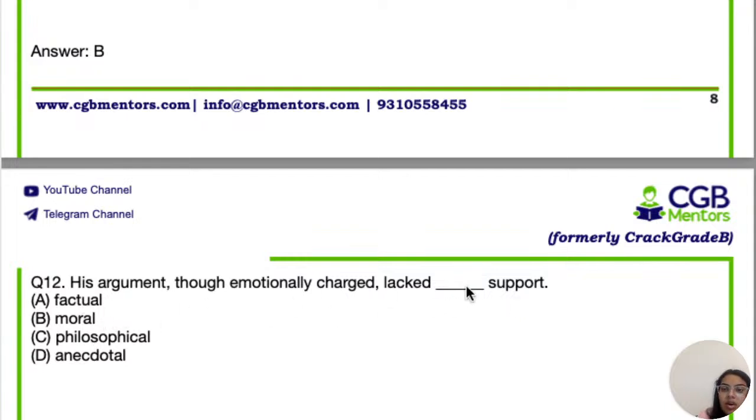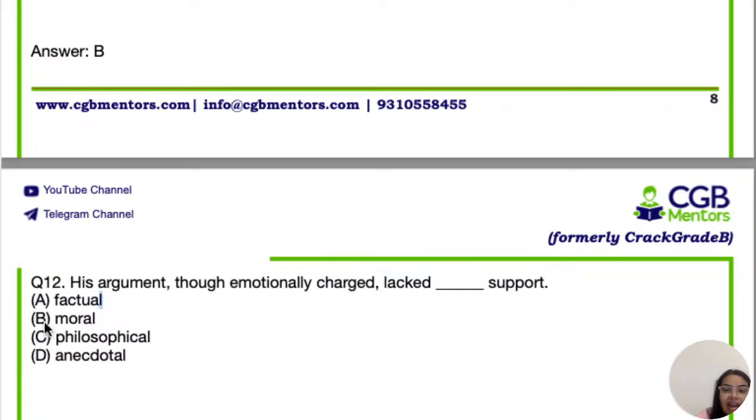See, moral support के साथ moral word looks very good, okay, not a problem. But emotionally charged के अलावा, his argument lacked factual support.